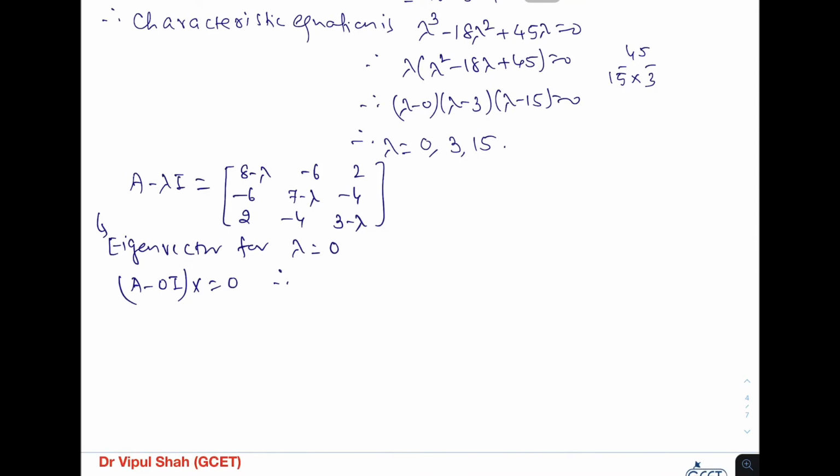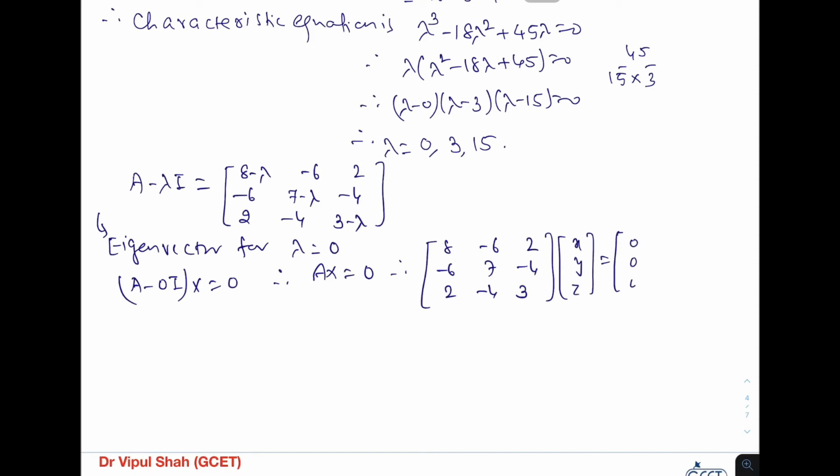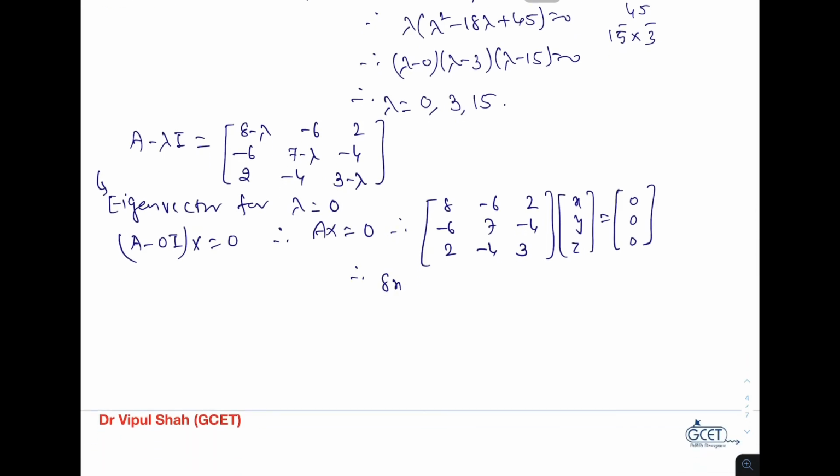So therefore that is Ax equal to 0, and therefore we have the matrix 8, minus 6, 2; minus 6, 7, minus 4; 2, minus 4, 3 times x, y, z equal to 0, 0, 0, and therefore this is 8x minus 6y plus 2z equal to 0, minus 6x plus 7y minus 4z equal to 0, 2x minus 4y plus 3z equal to 0.